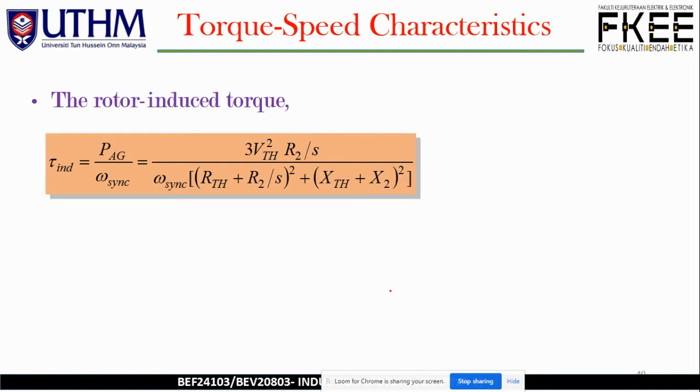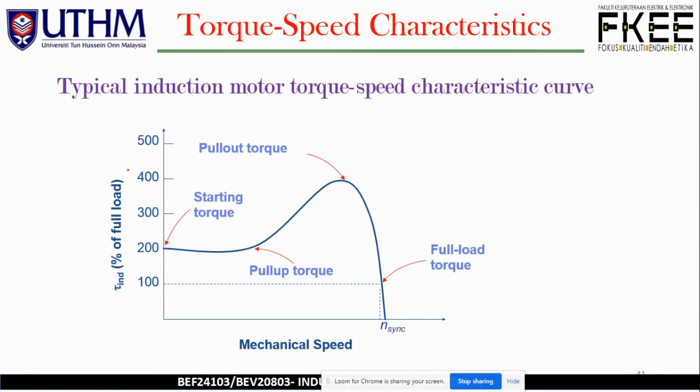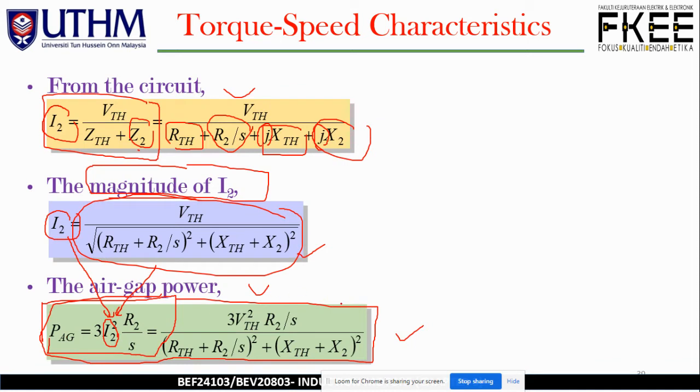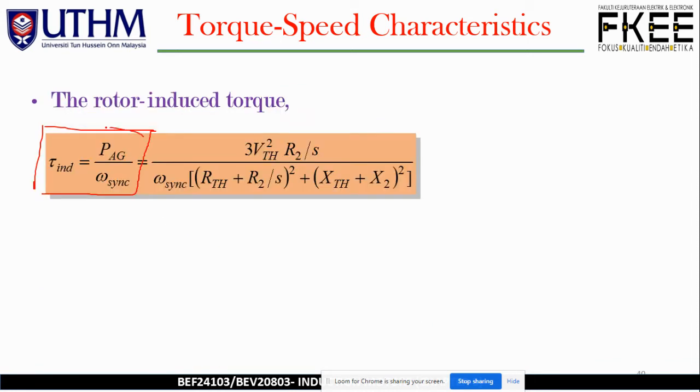So now the rotor induced torque. Again, the formula: we have induced torque equal to PAG, the air gap power, over omega sync. Take the PAG equation over here and put it into this induced torque equation.